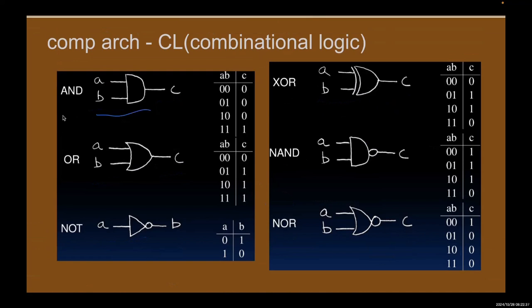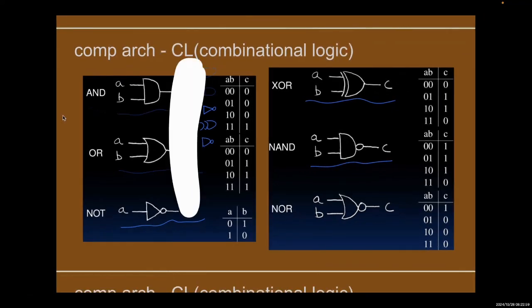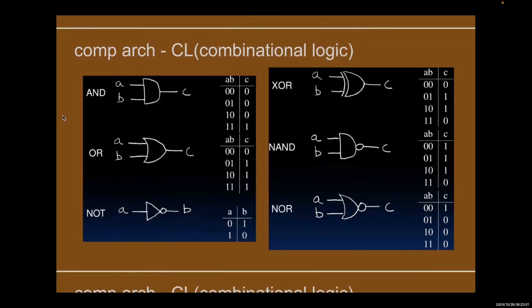And just to remember how to write these 4 basic gates, maybe 5: AND is like this, OR is like this, NOT is like this, XOR is like this, NOT AND is like this.